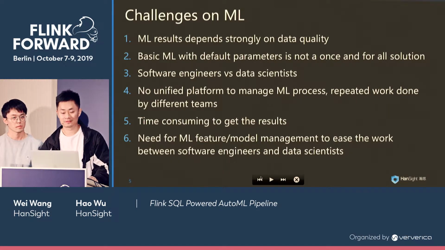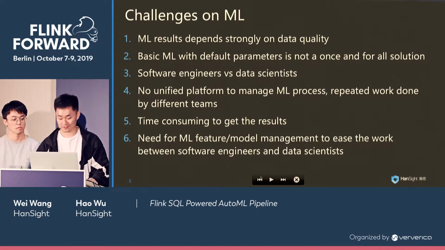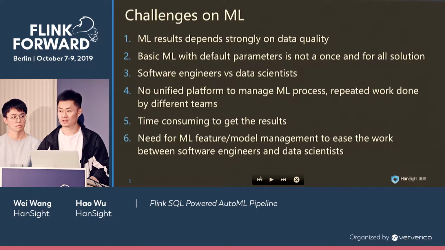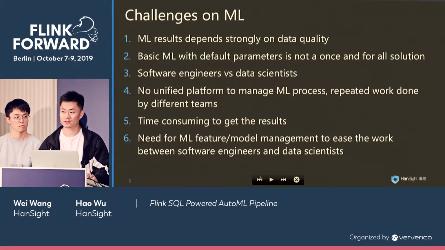Most of us just dabble in machine learning. We just call the APIs in Python or PyTorch or something else, but we don't have the ability to tune the machine learning models or even to tweak the algorithms. And also, if we use basic machine learning functions with default parameters, it's not a once-and-for-all solution because it's case by case. This algorithm may fit this use case, but if you put it into another use case, it doesn't work.